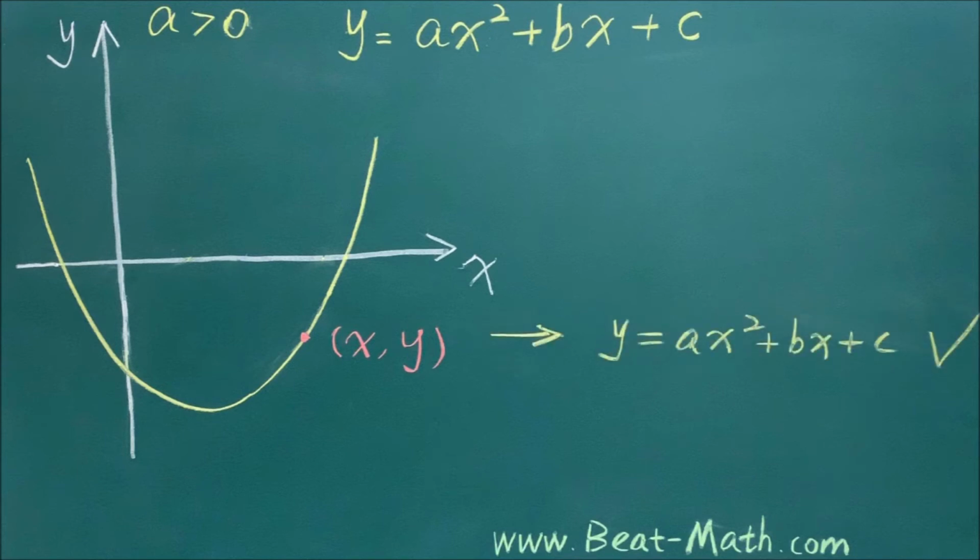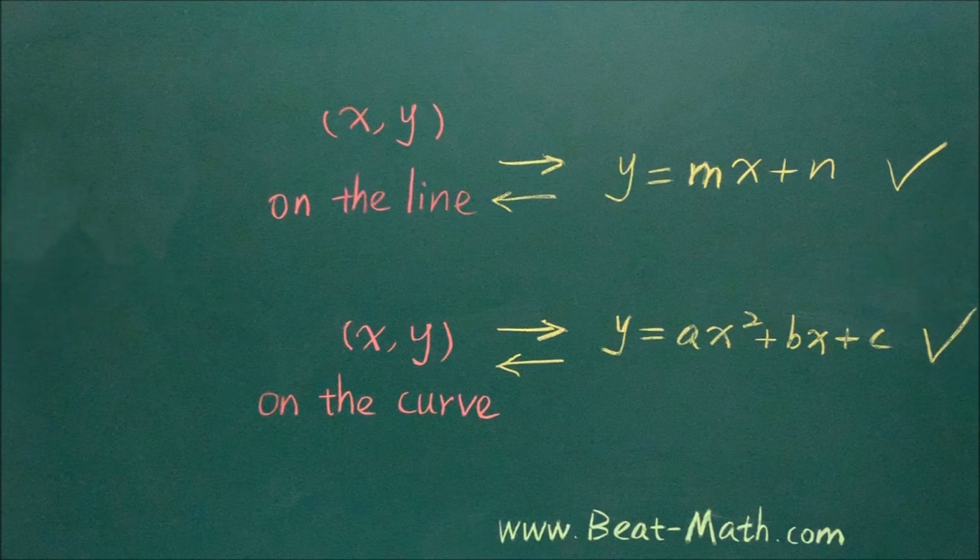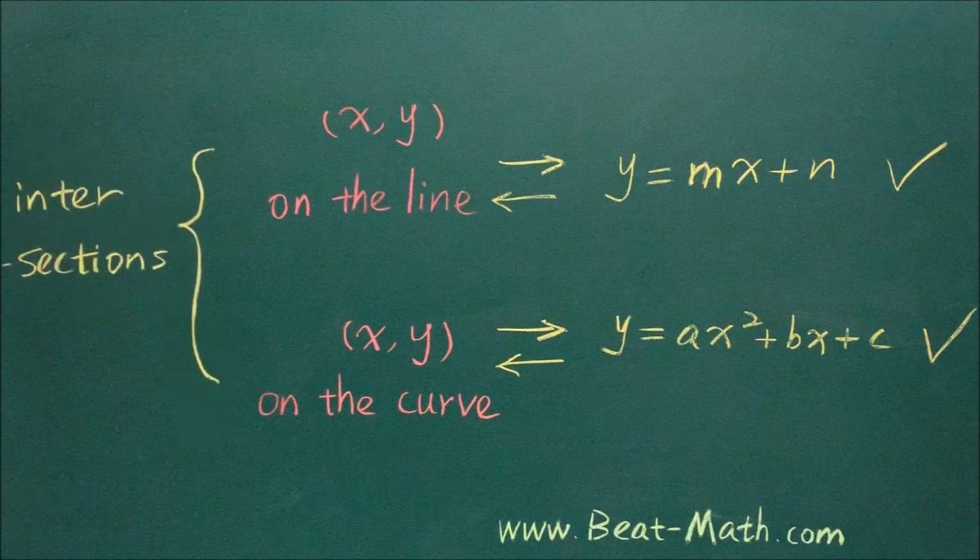Vice versa, if the values of x and y make the quadratic equation true, the point x, y is on the curve. In other words, the solutions to the system of equations are the points on both the line and the curve. That means that those points are the intersections of the graphs. Therefore, the number of solutions is the number of intersections.